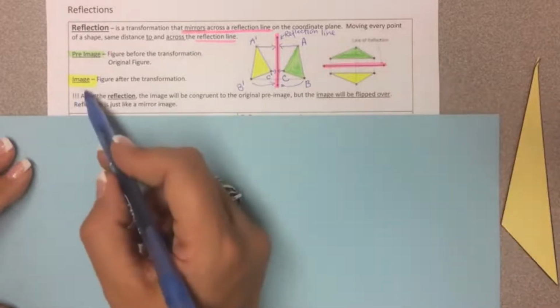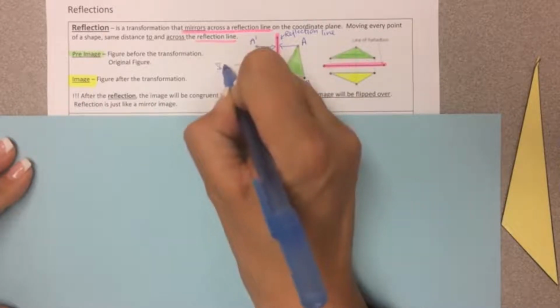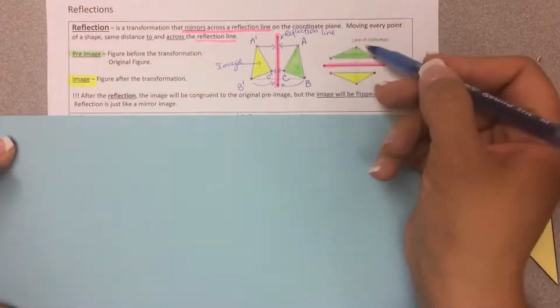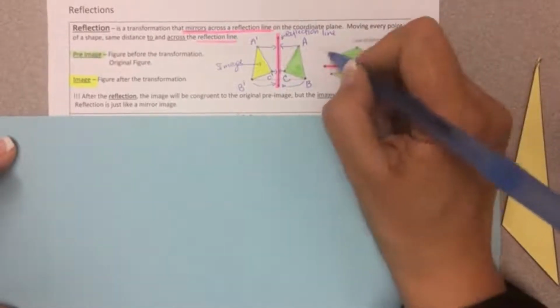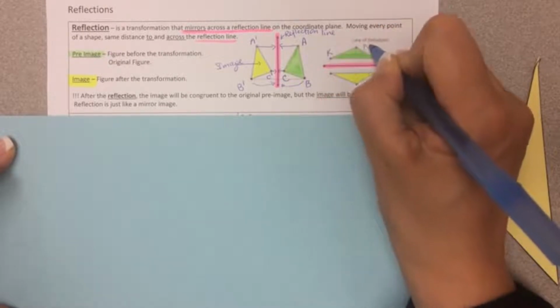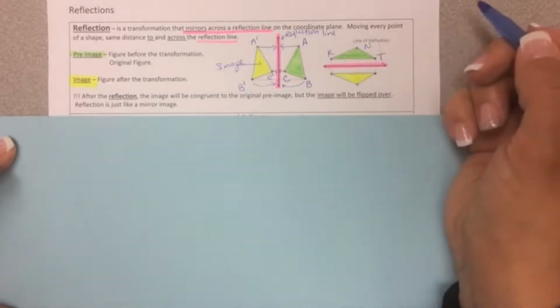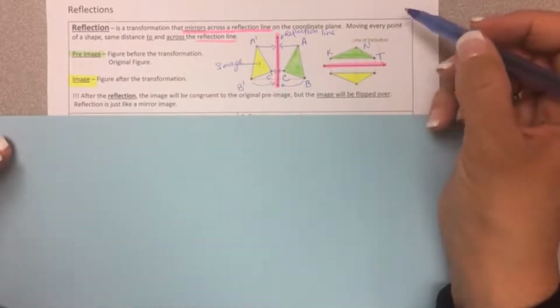So the image is the figure after the transformation. This is my image. The pre-image is the figure before, and the image is where you end up. If I have a reflection line that is horizontal, let's say I have the triangle K, N, T, random, K and T. It doesn't have to be always in order of the alphabet.